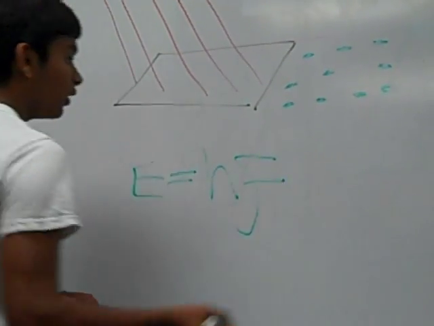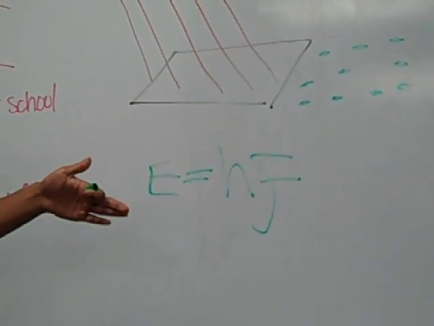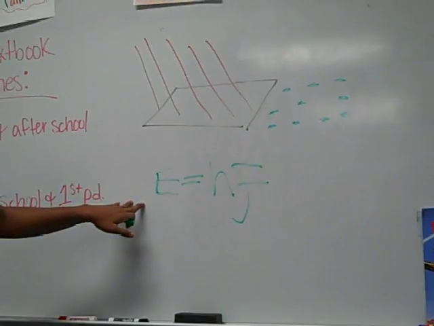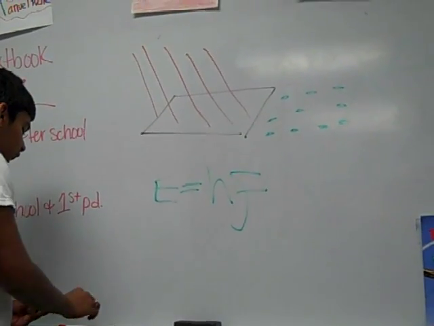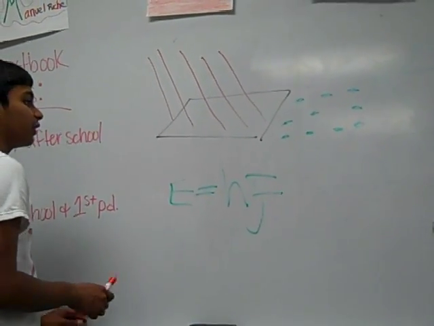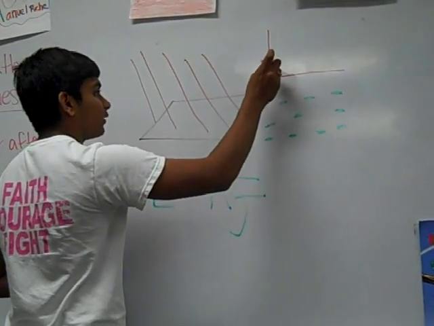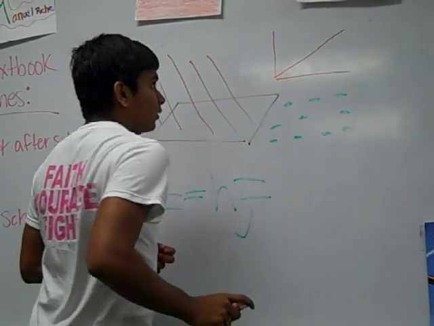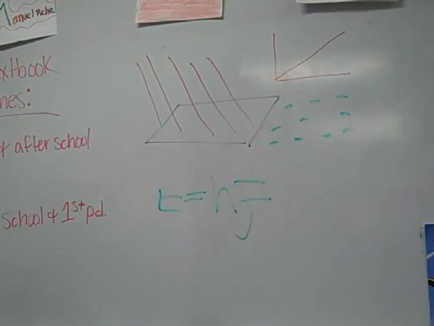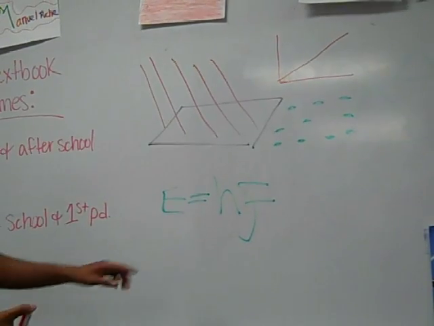Multiplied by frequency. Because you know there had to be a higher correlation with frequency to energy, right? Because when he graphed the frequency of light that was being shined and the energy that was gleaned from the electrons, it looked something like this. So we knew there was a positive correlation between energy and frequency.